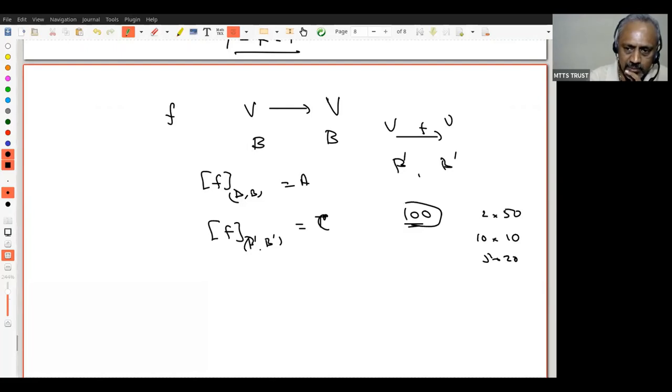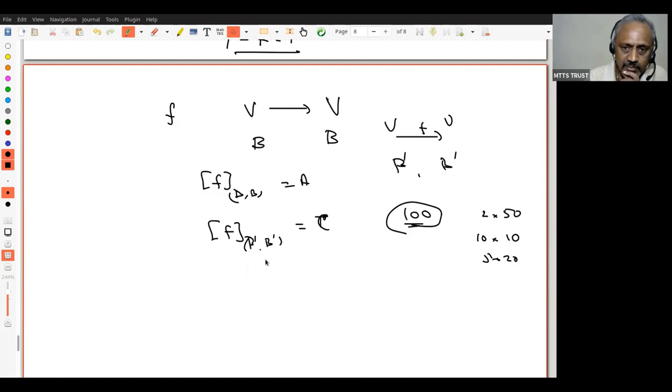But the basic amount is the same, 100. So the matrices A and C may look different, but they denote the same linear map. I got A because I worked with one basis, and I got C for the same F because I worked with a different basis.